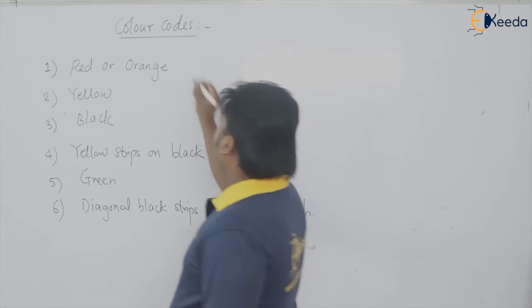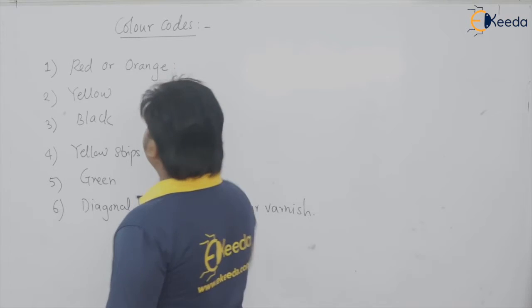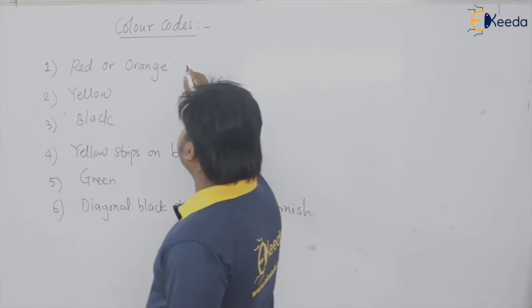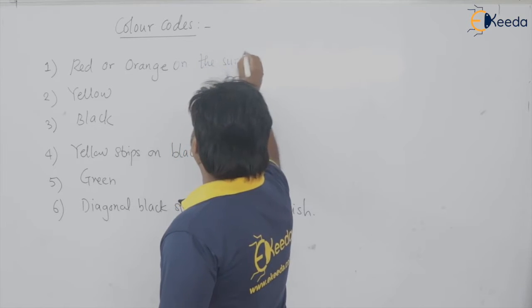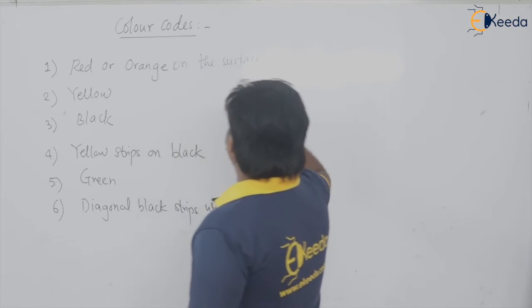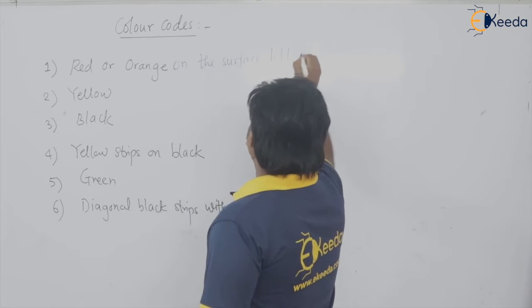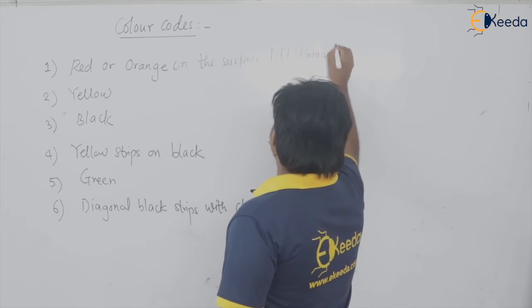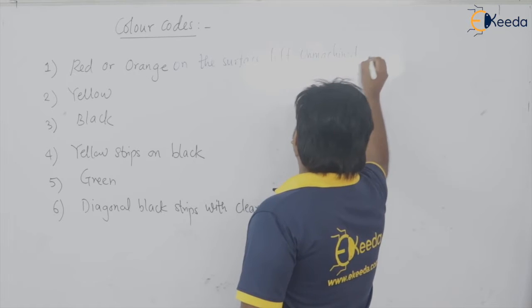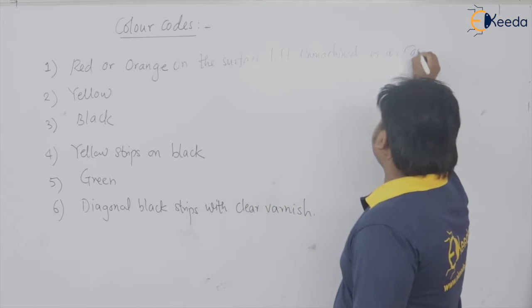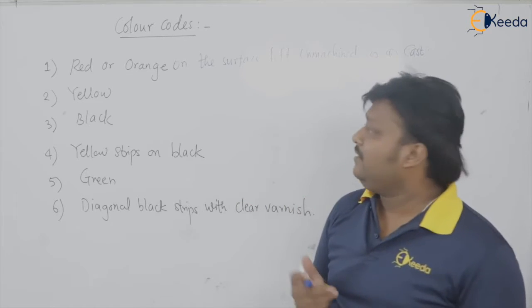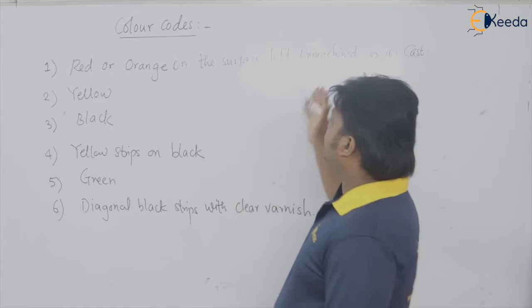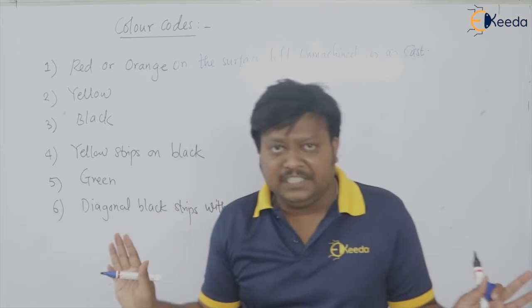Say red or orange. Where to use red or orange? It is used on the surface left unmachined or as cast. So it is used on the surface which is not going to be machined.